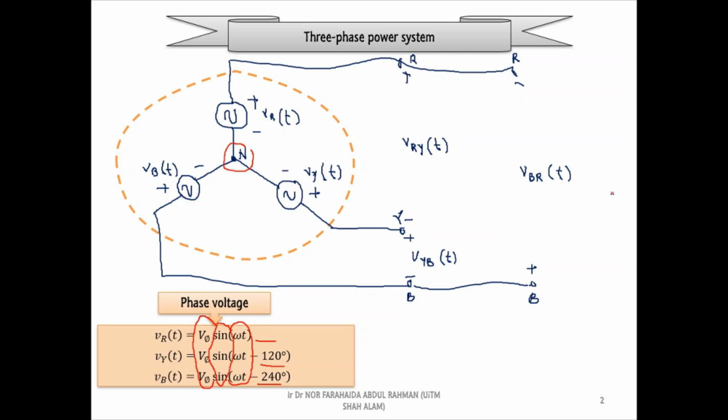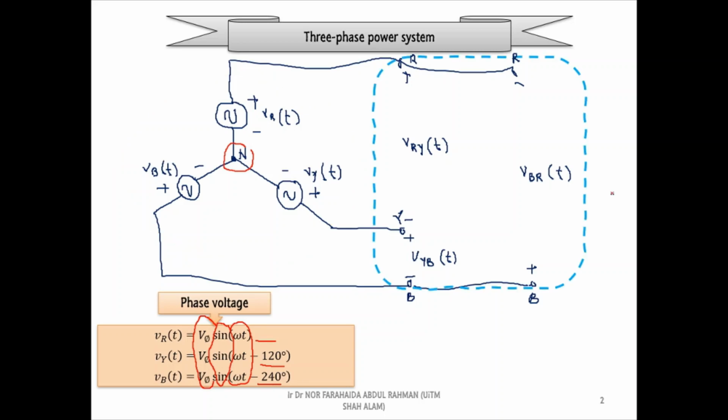Next, let's look at these voltages. According to the circuit diagram, these voltages are measured from phase to phase, or line to line. Therefore, these voltages are called line voltages.